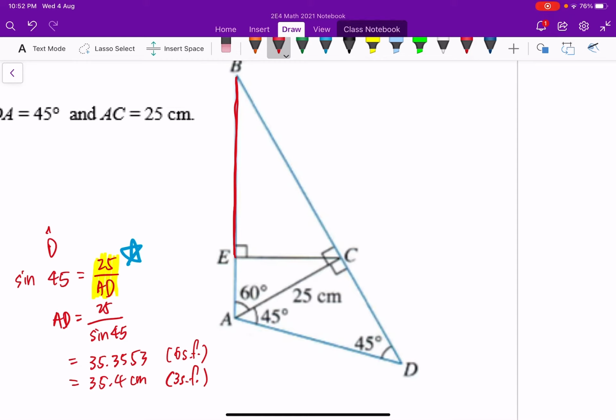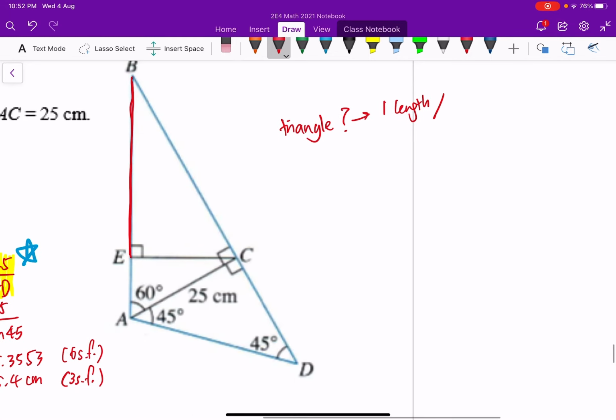So I first have to decide which triangle I want to use. Let's take a look. I want to find a triangle that gives me one length, a right angle, and one angle. So which triangle should I use?